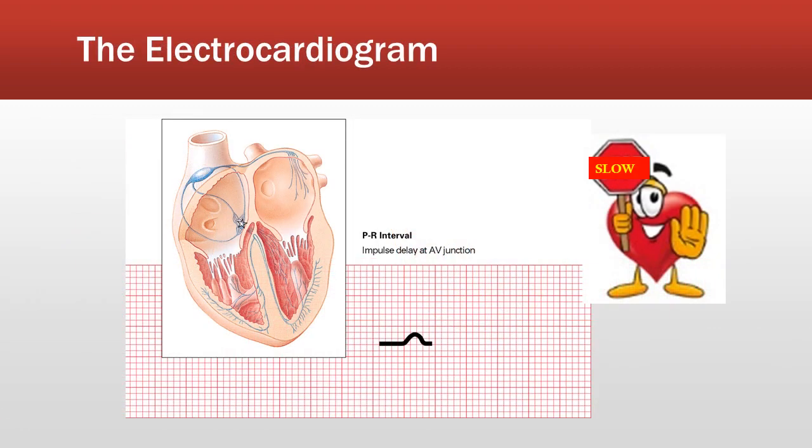Then we have the PR interval. We have a little delay at the end of the AV junction, and this allows blood to completely exit the atriums into the ventricles. So the PR interval is a little delay at the end of the AV junction.